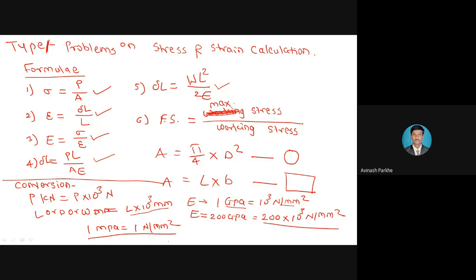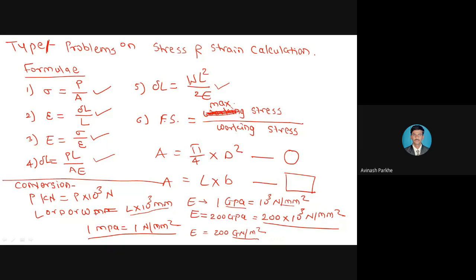Then sometimes E will be given as 200 giganewton per meter square. How is it converted? E is given as 200 giganewton per meter square, but I have to convert that parameter into Newton per mm square.